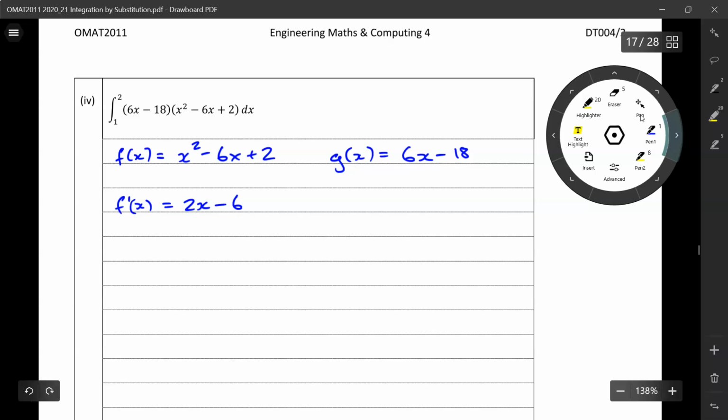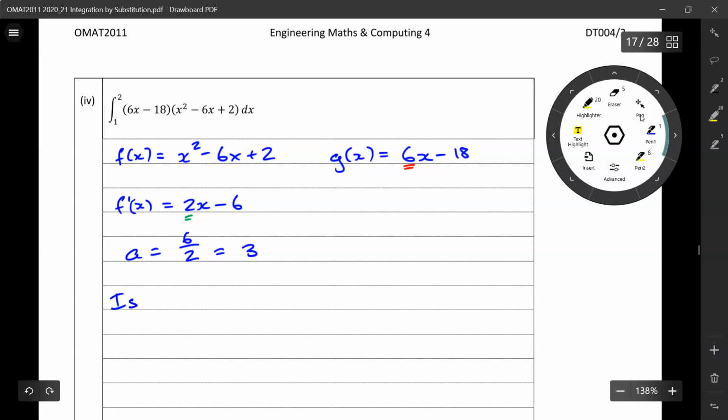Now I get the multiple, and I get that by dividing the coefficient of x in g of x by the coefficient of x in f prime of x, in the first derivative. And that gives me a multiplier of 3.